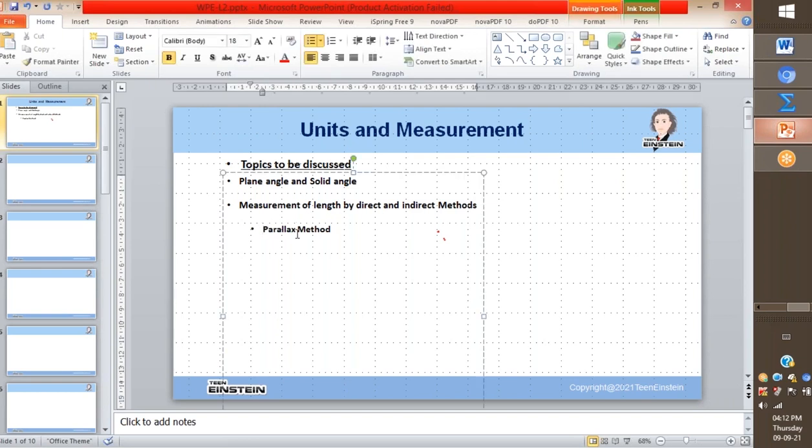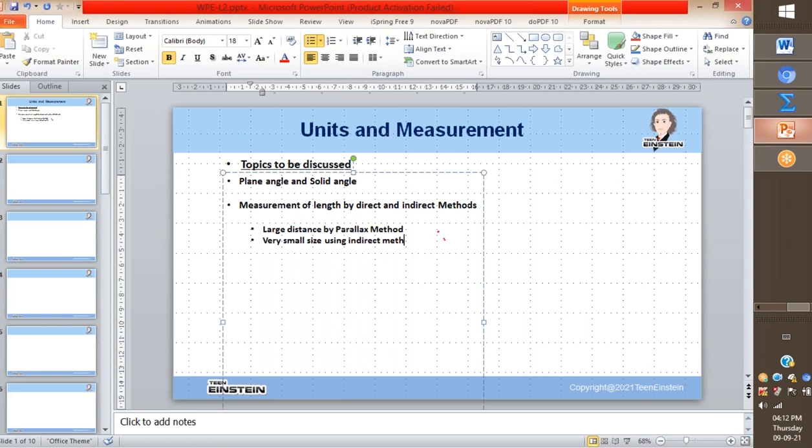length, like large distance, by the parallax method. And second thing, very small size, using some indirect method.